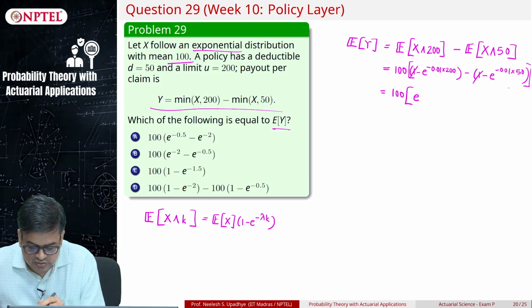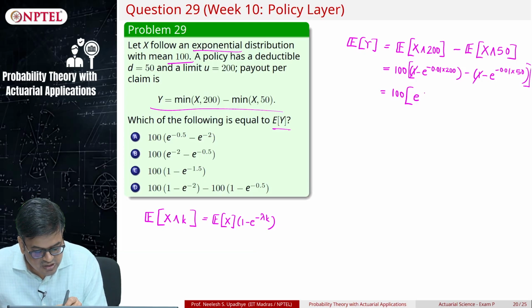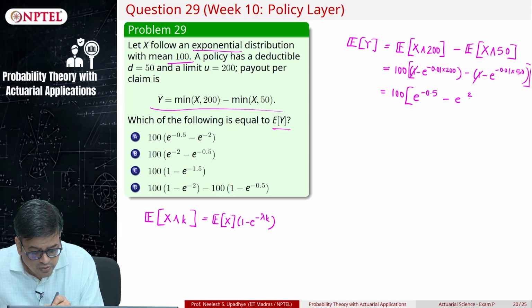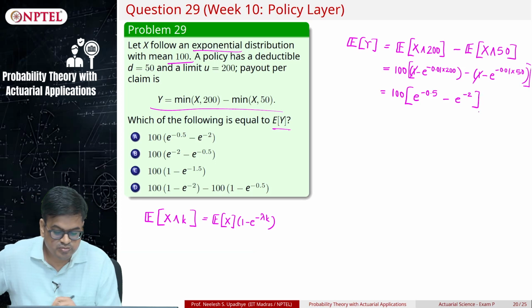So, e raised to minus 1 by 100 into 50, that gives me e raised to minus 0.5, minus e raised to minus 1 by 100 into 200, which is e raised to minus 2, right. So, therefore, this should be the answer.